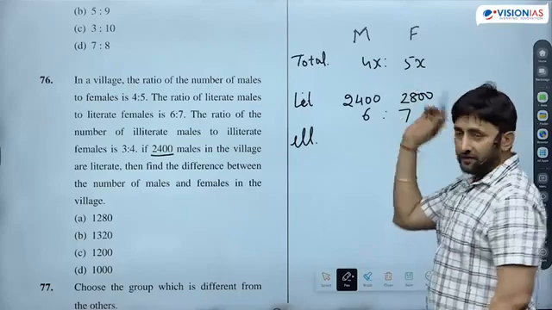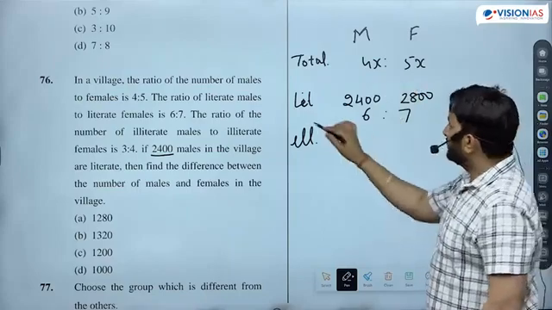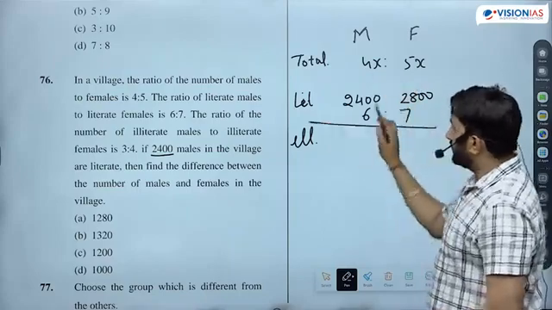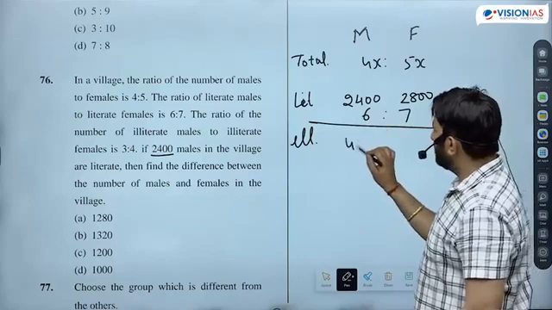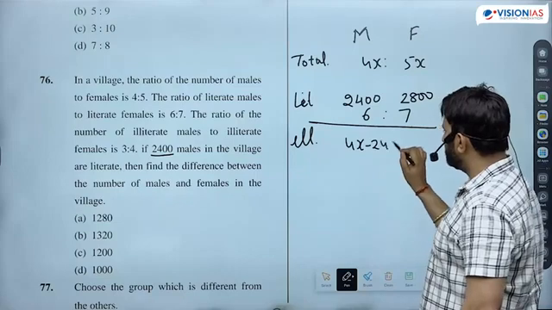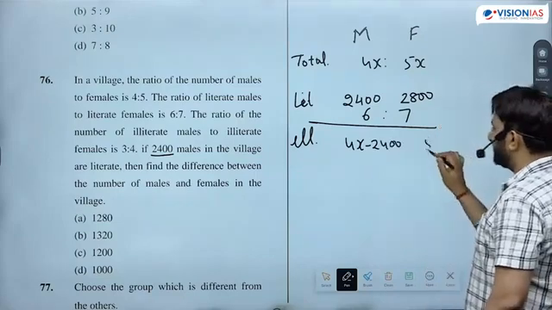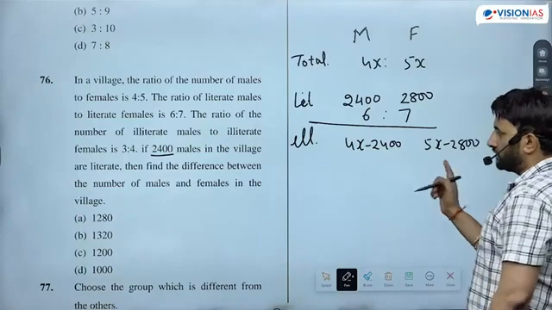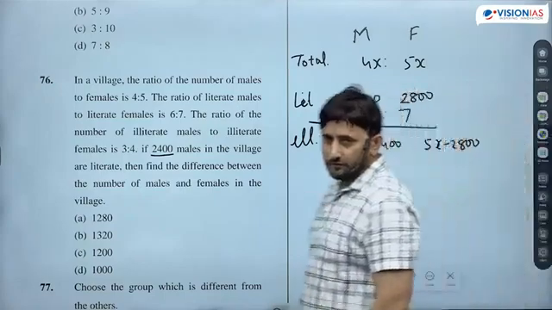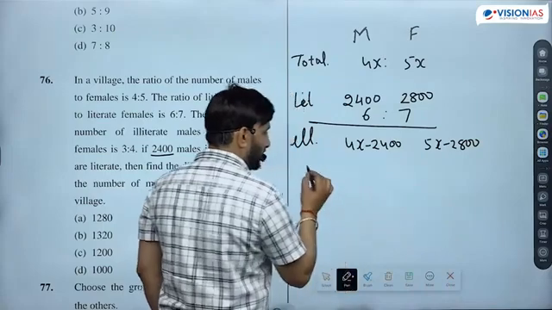We have to find their difference. That is the value of x. So out of 4x, 2400 are literate male. So illiterate male will be 4x minus 2400. Illiterate females will be 5x minus 2800. And the ratio of the illiterate people is 3:4. So from there find the value of x.